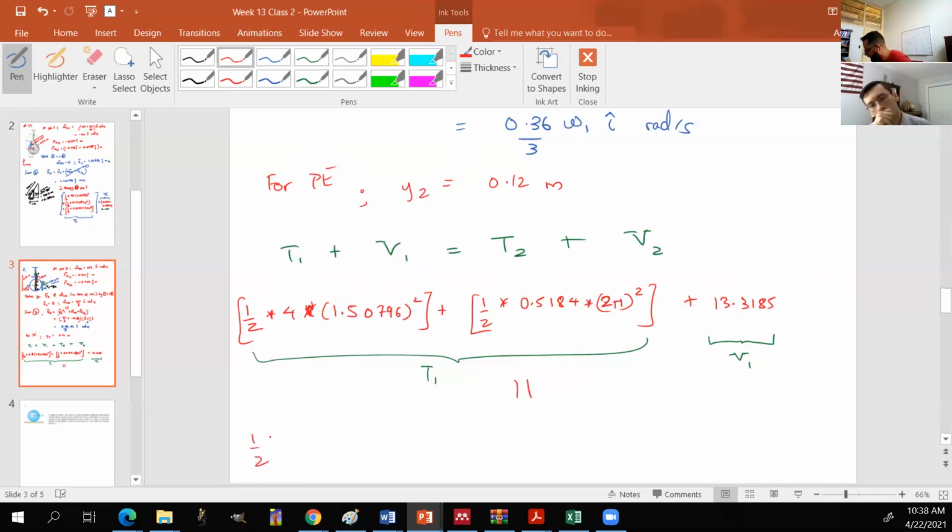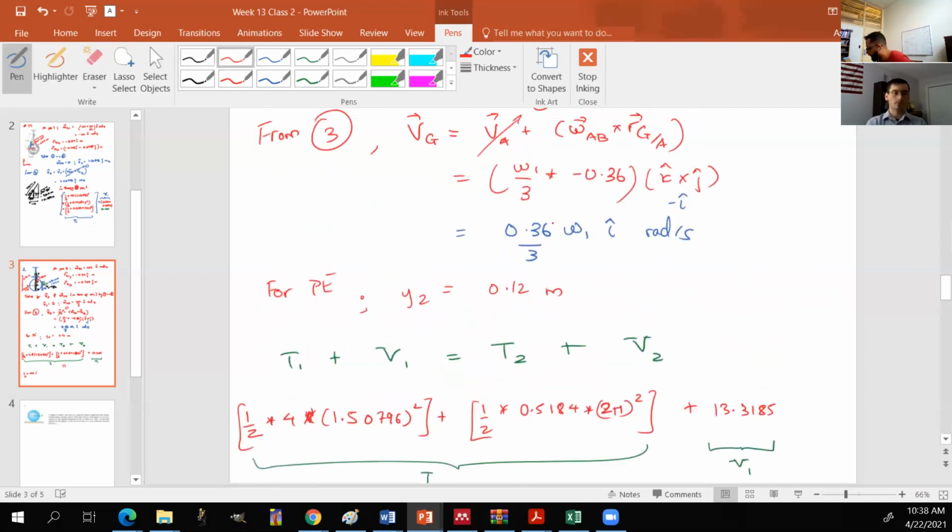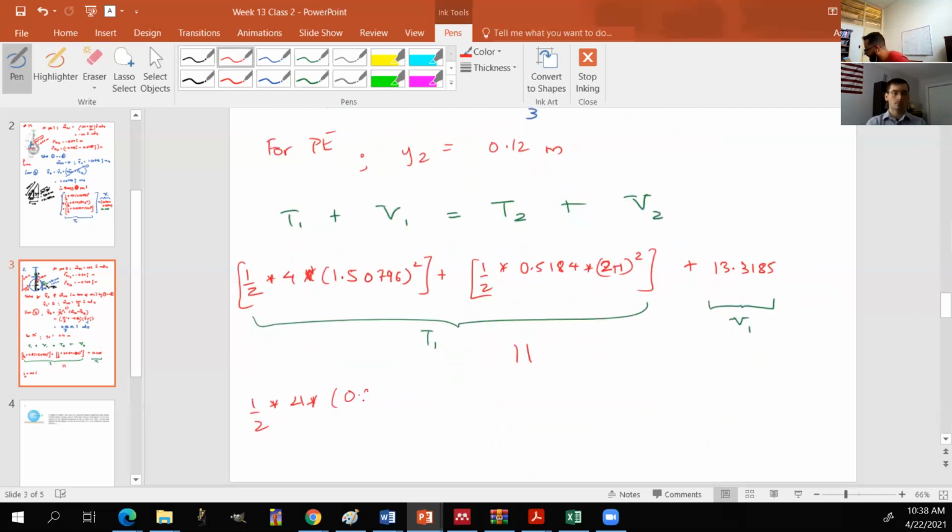So that's equal to 1/2 times 4 times now my VG, which is just this term over here, 0.36 over 3 omega 1, squared, plus 1/2 times 0.1728. This is your IG omega AB squared term, for the angular rotation of your rod, so 0.1728 times omega 1 over 3.